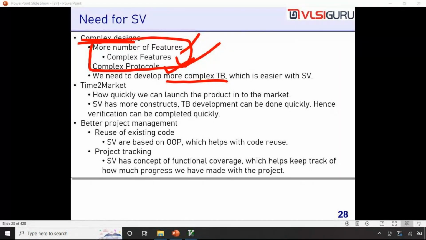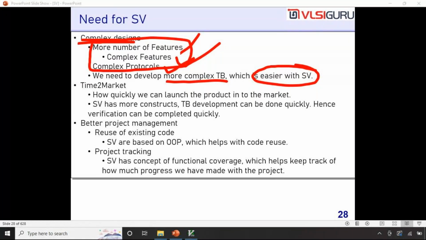You can't continue to have a simple test bench to verify a very complex design, which is easier to do with SystemVerilog because it has more options to do the same thing. That is the first reason why we want to move to SystemVerilog, and the same reason why you want to move to UVM also, because it reduces the time even further, since things are already set up for you.